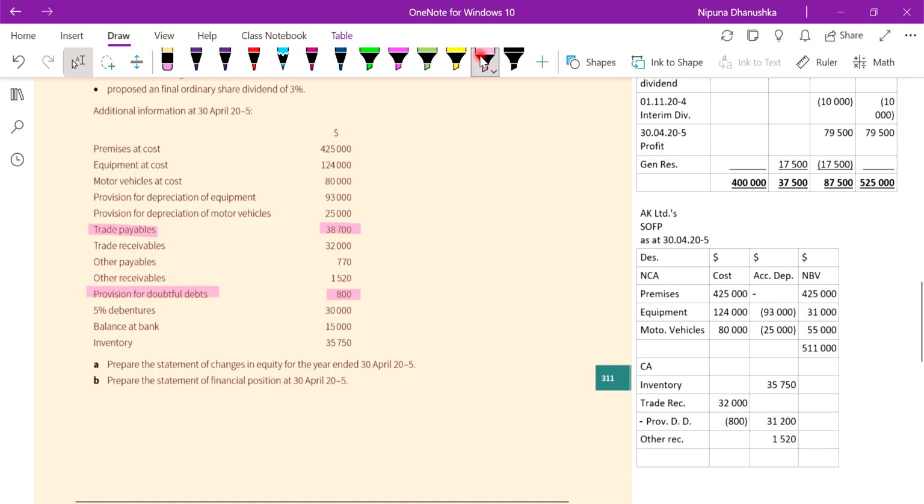My bad, I ended up highlighting the wrong one over here, the trade payables. It's not the one.